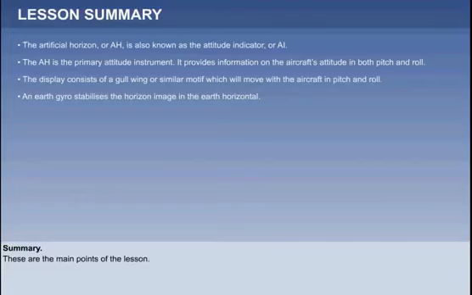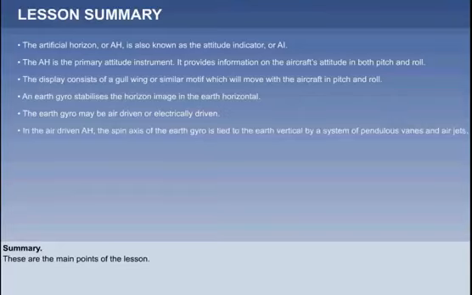The earth gyro in the artificial horizon may be air-driven or electrically driven. In the air-driven artificial horizon, the spin axis of the earth gyro is tied to the earth vertical by a system of pendulous vanes and air jets. A classic air-driven gyro rotates in an anti-clockwise direction when viewed from above.